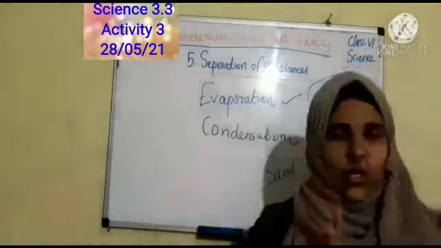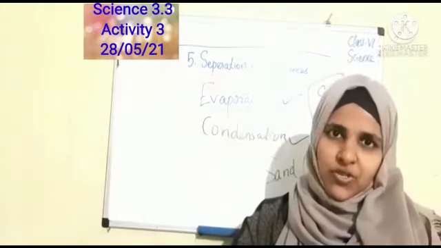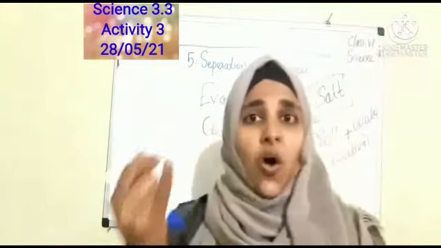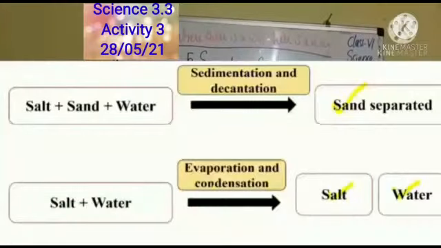So different methods of separation we are using for separating a mixture of substances. Okay. Now we get salt, sand and water separately. Clear all of you? By the process of sedimentation and decantation, we separated sand. Is it, children? And we separated salt and water by the process of evaporation and condensation. So we used different methods of separation for separating a mixture of substances.